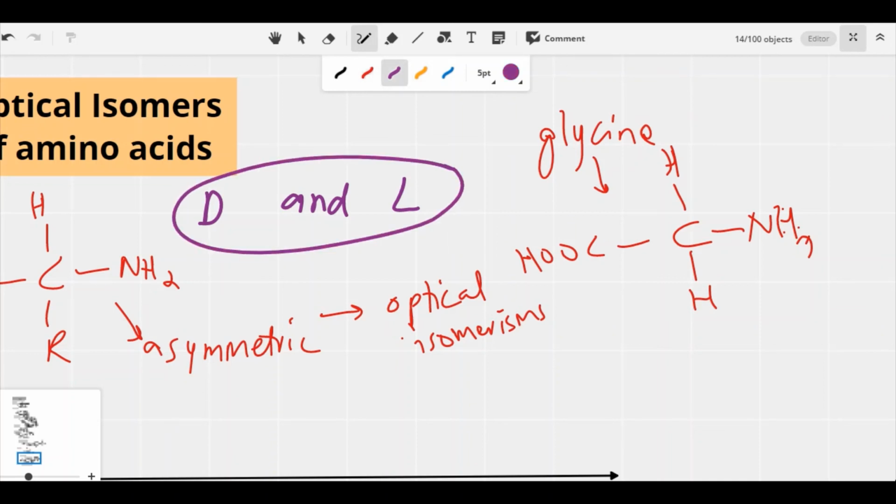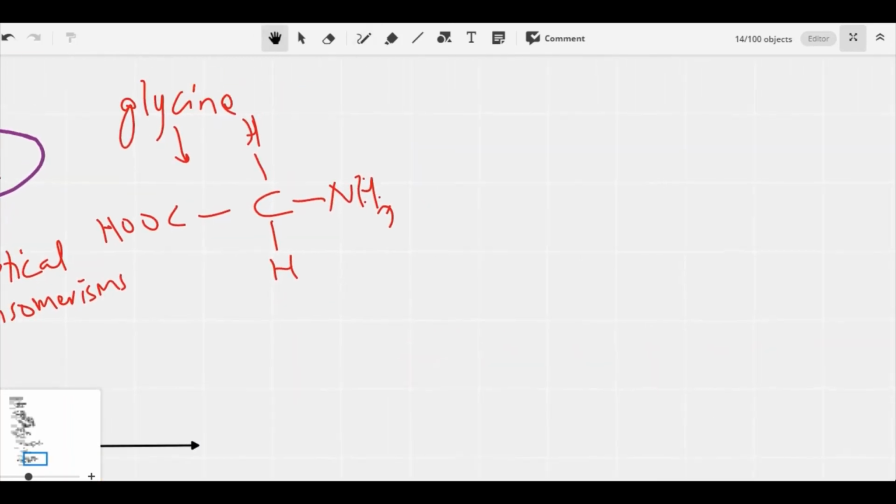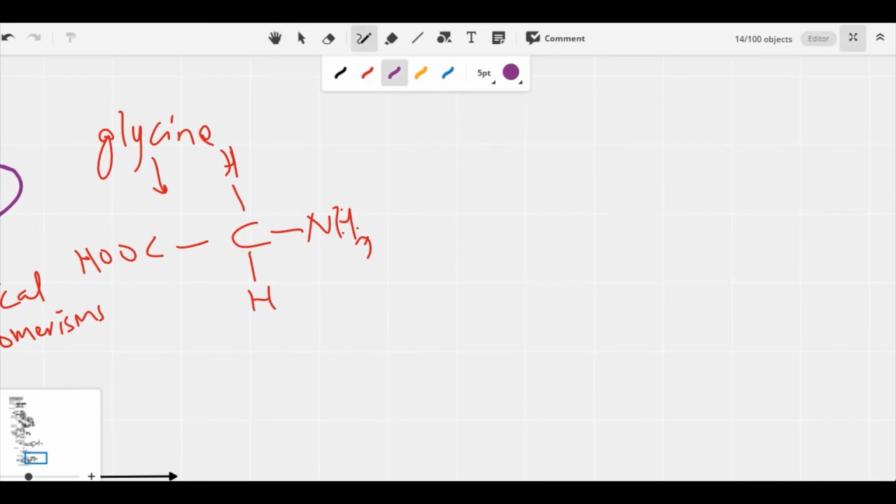So the structure is based on L and D configuration, as we discussed in the previous videos with L-glyceraldehyde and D-glyceraldehyde. The same happens here. For example, in a D amino acid, NH2 would be on the right side of the carbon, with hydrogen, the carboxyl group and the R group.